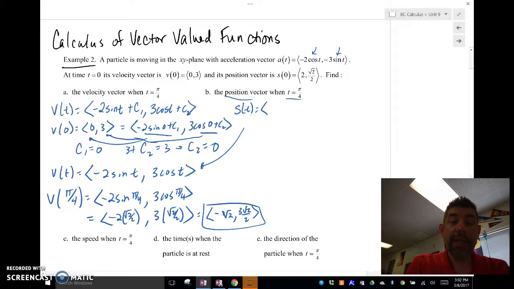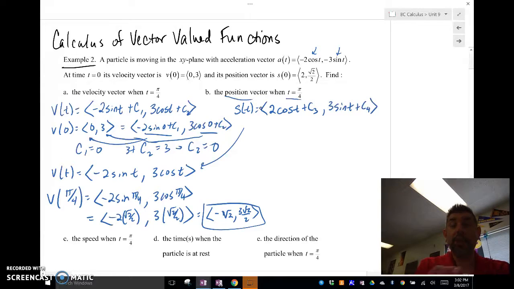So the antiderivative of -2 sine t is going to be 2 cosine t plus a constant. And the y is going to be 3 sine t plus a constant. Did I forget a negative? No, because it's a negative times a negative. Okay, so there we go.